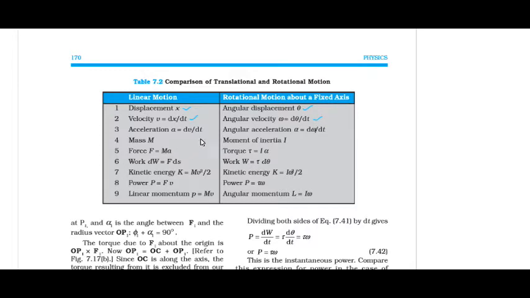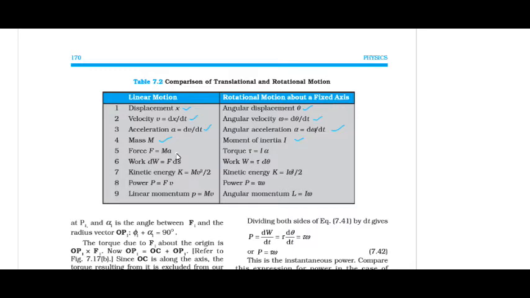In linear motion, acceleration a is equal to dv by dt. In angular motion, angular acceleration alpha is equal to d omega by dt. In linear motion, we have mass m. In angular motion, the analogue is the moment of inertia I. It is the same as mass in linear motion.